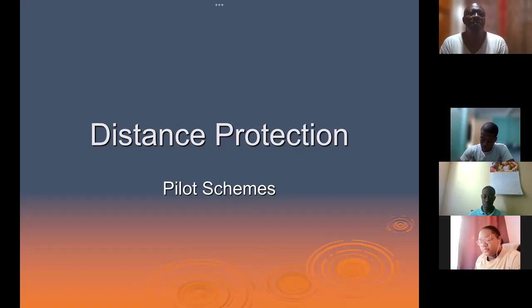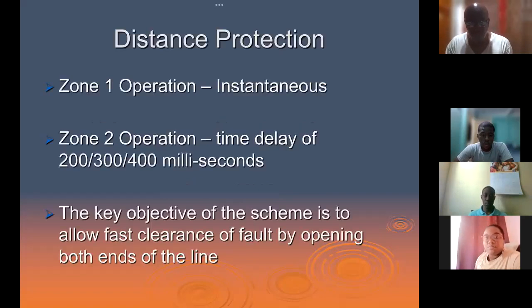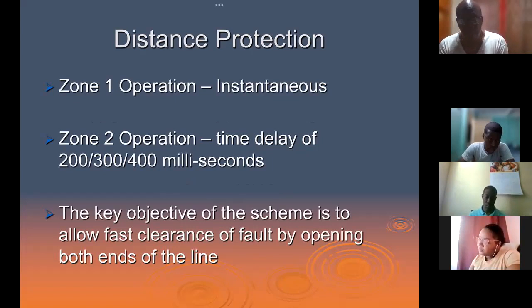The question is, how do we ensure that should we have a fault on the line, both ends of the line can be cleared in the fastest possible time?